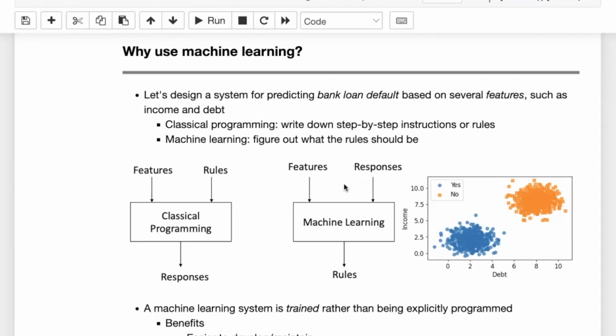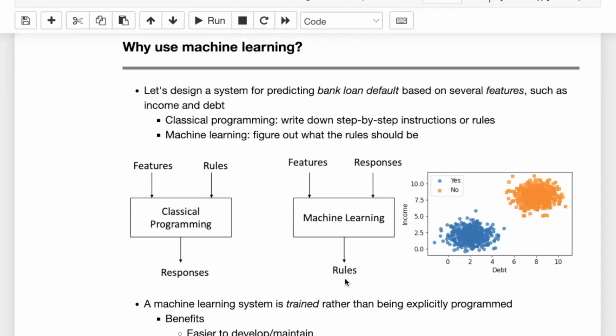And therefore, in this case, the goal is to use machine learning to actually provide us with these rules, right? So how can we distinguish between applicants that are able to pay off their loan and applicants who fail to do so? And here on the very right side, I have an example of this.